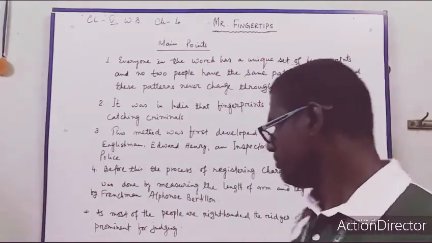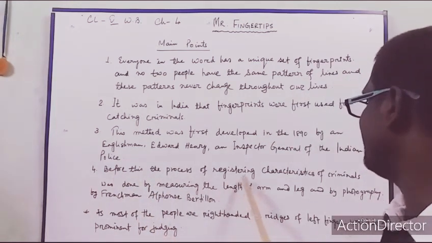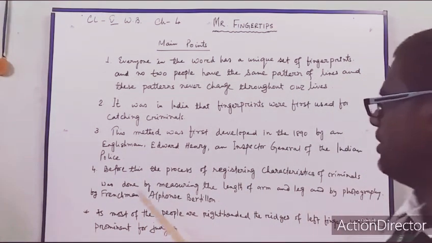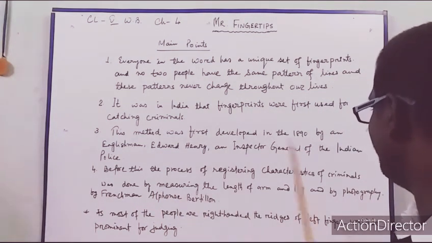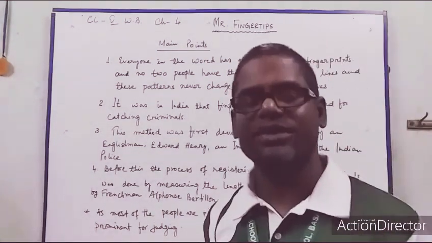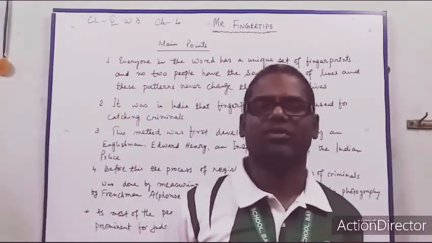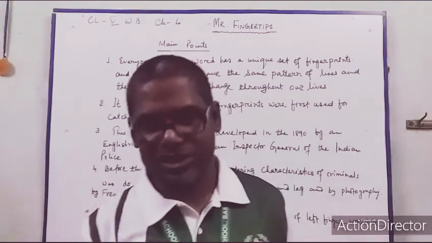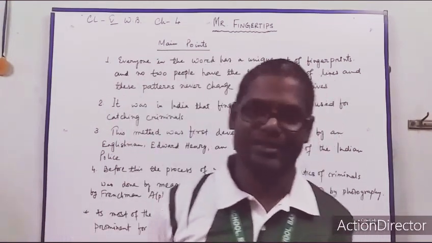Okay. Now, before this process, registering characteristics of criminals was done by measuring the length of the arm and leg. So before the invention of this process, the characteristics of criminals were registered by measuring the length of their arms and legs.